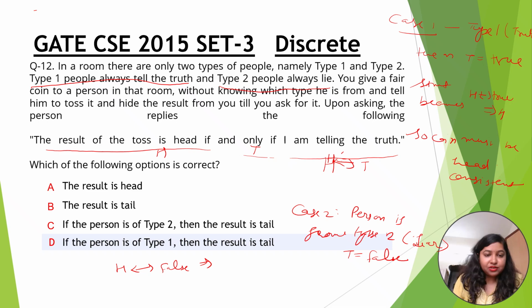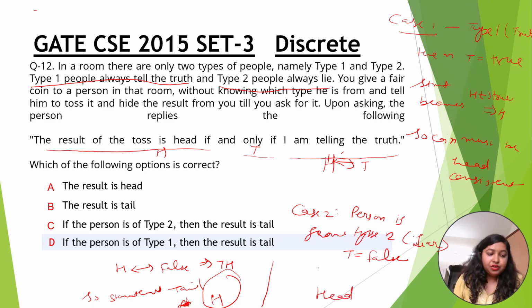That means आंसर जो आएगा यहाँ पे वो आएगा not H. So statement claims a tail, but liars always speak false. So liar must speak false, so actual result must be head. So in both the cases, type 1 or type 2, the final coin result is head. So the result is head.